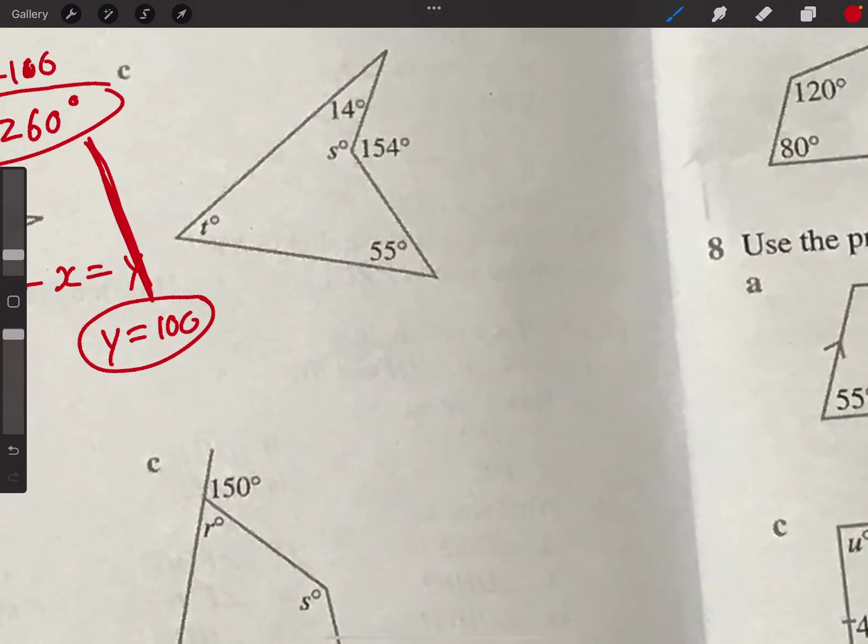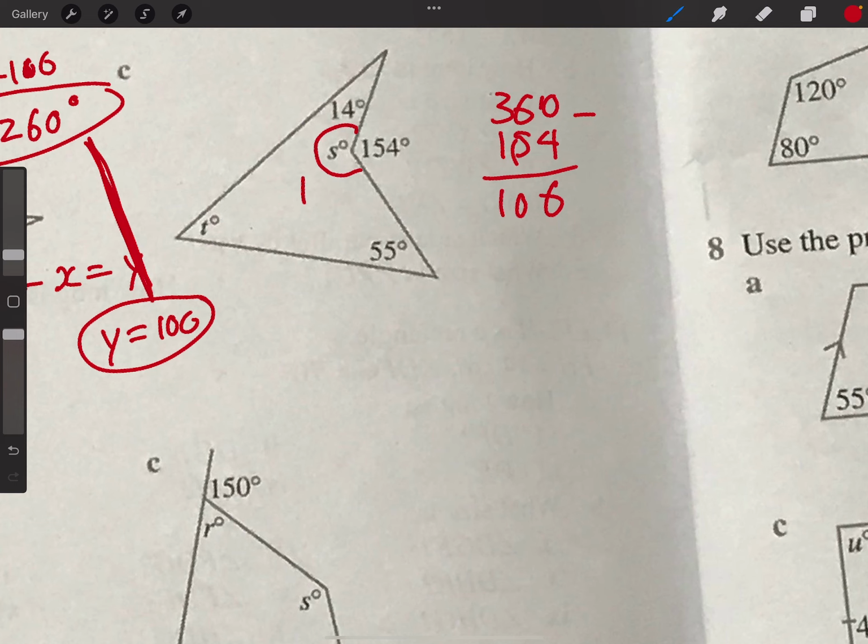Okay. This one here, I can find out this angle first, S, because we know that S plus 154 makes a full revolution. So we do 360 take away 154, and you're going to get 206.